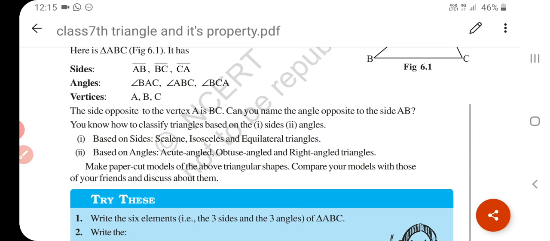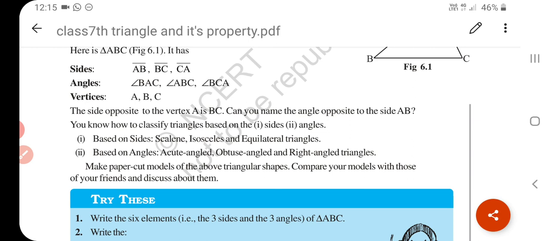Okay, so triangles can be classified according to the length of their sides and according to their interior angles. According to the length of sides we can divide them into three parts, that is scalene, isosceles and equilateral triangle.